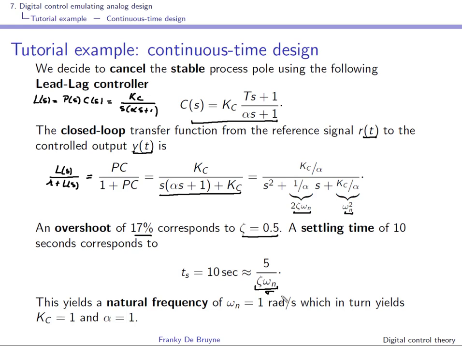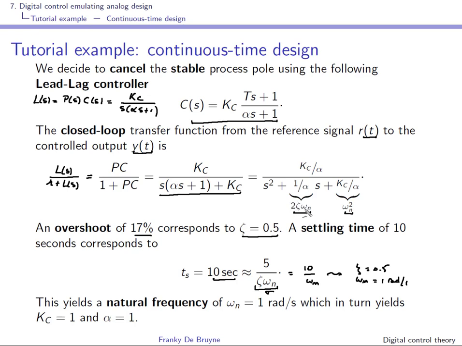This is what we've called previously sigma. So if zeta is equal to 0.5, you can rewrite this as 10 over omega_n. If you want a Ts of 10 seconds, then zeta is 0.5 and omega_n is equal to 1 radian per second.